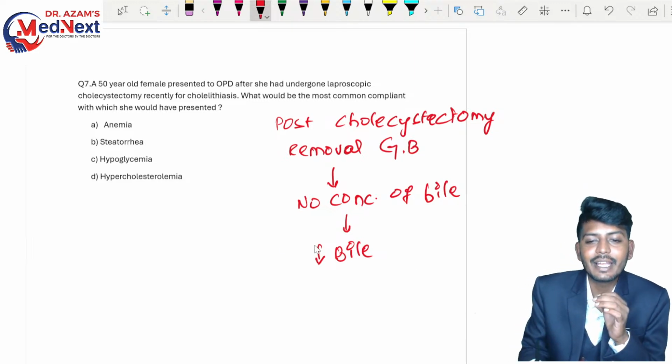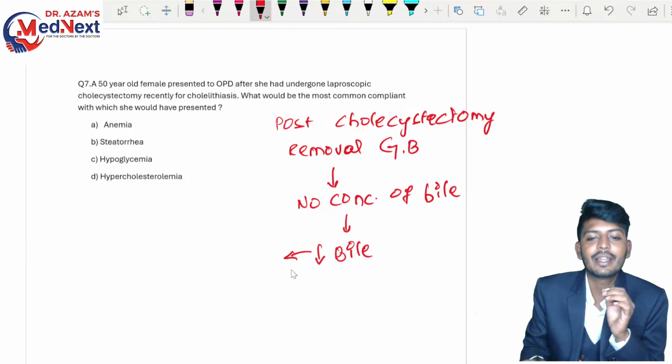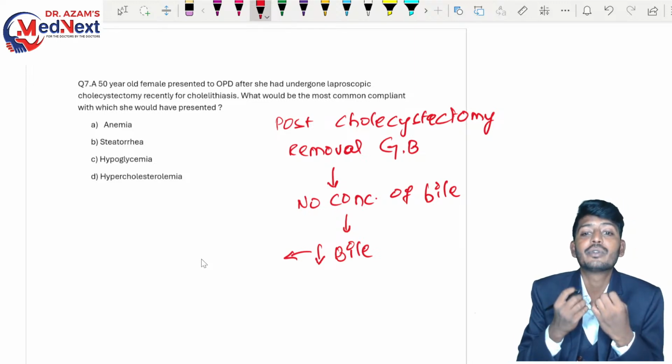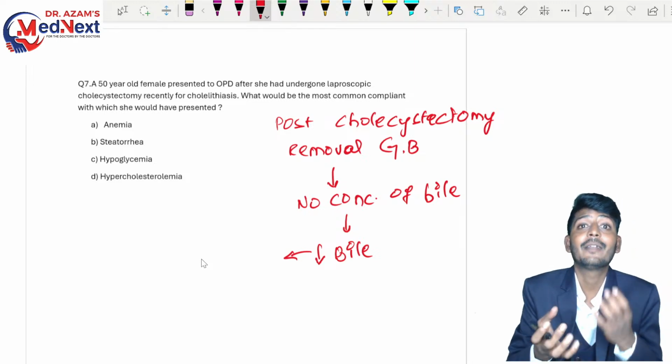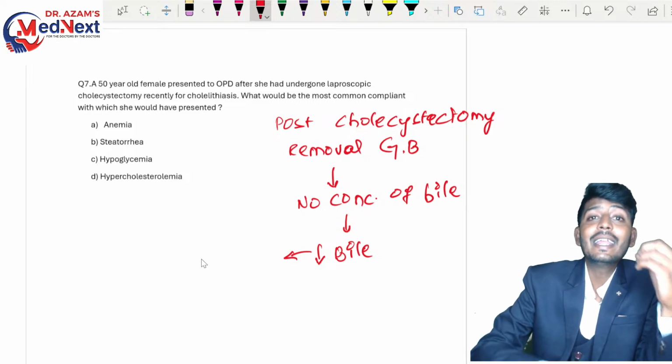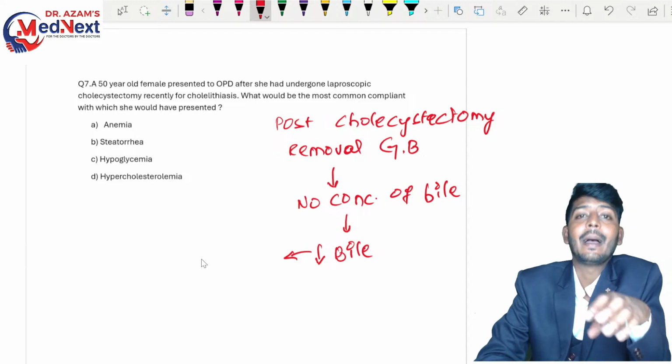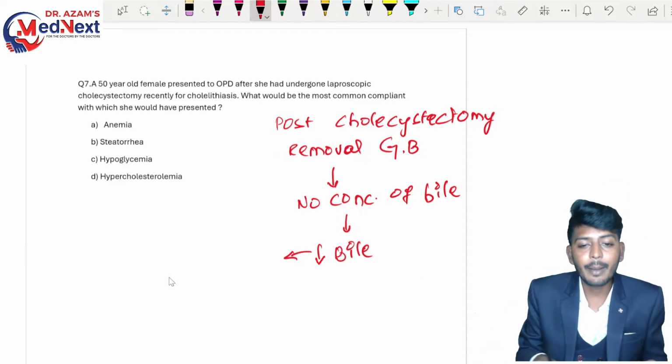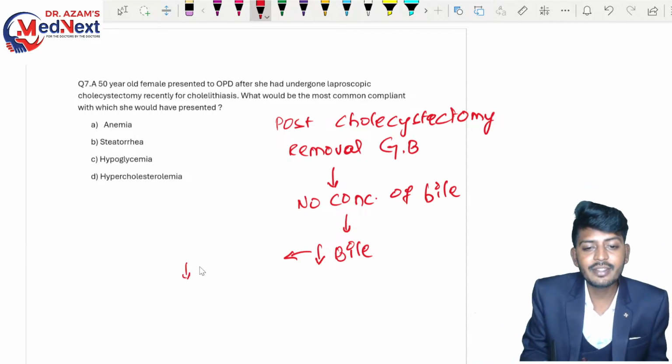So if there is a decreased amount of bile coming into the intestine, the function of bile is emulsification of the fat. It helps in breaking down fat and absorbing it. Bile will help in absorption of the fat by emulsification.